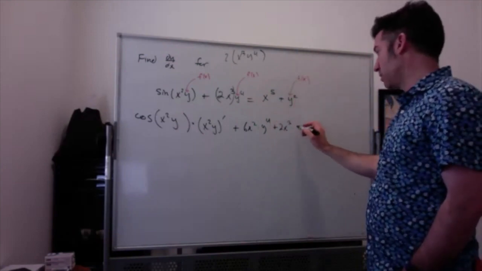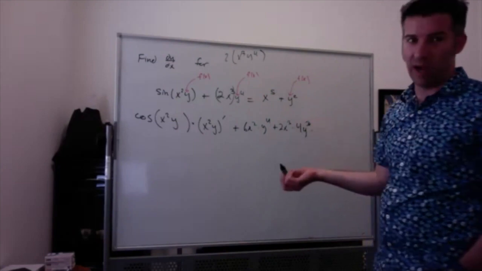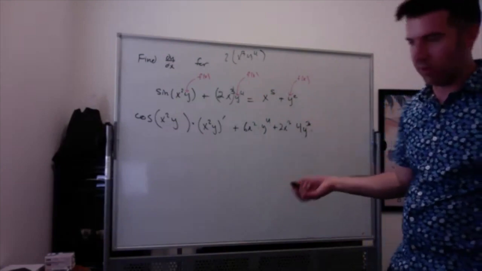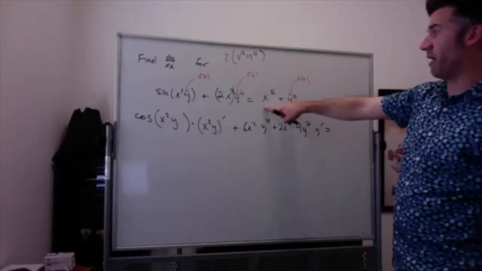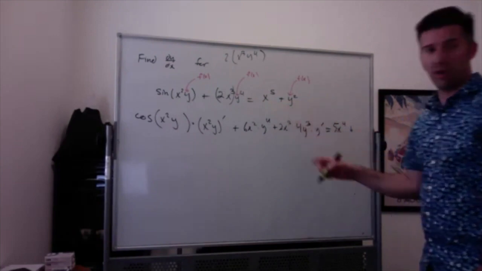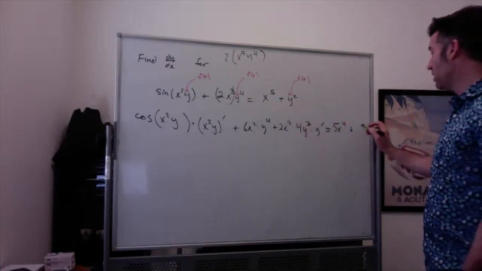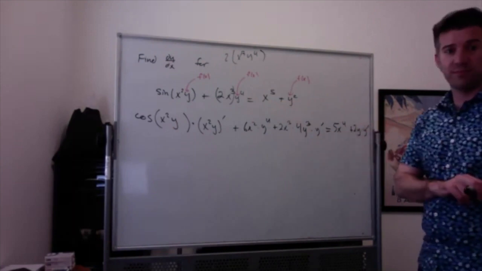So it's going to be 4 times y cubed times y prime, I'm going to write y prime instead of dy dx because it's easier to write. Equal to the derivative of x to the fifth, which is 5x to the fourth, plus the derivative of y squared, or some stuff squared, which is 2 times my stuff times the derivative of my stuff.